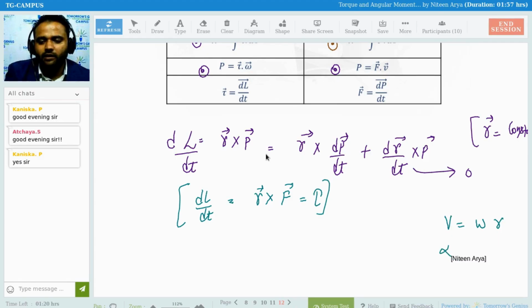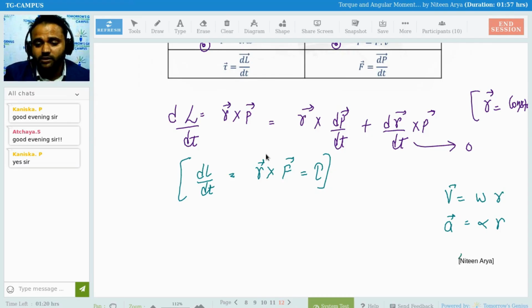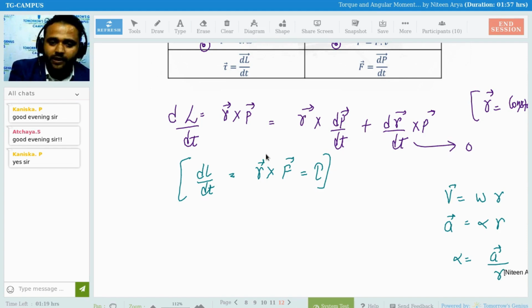And as we know, v equals omega r. In the same sense, linear acceleration a equals alpha into r, so alpha is going to be acceleration by r. Why am I doing this? Just a minute, give me some time.